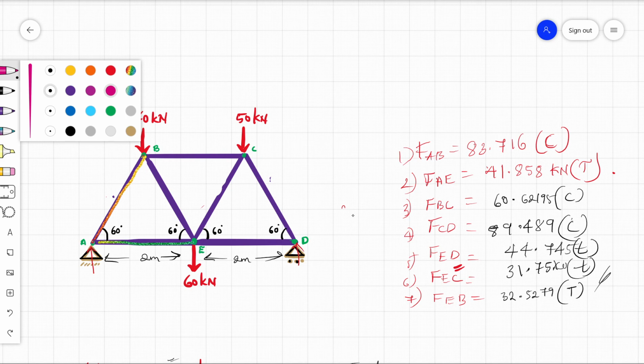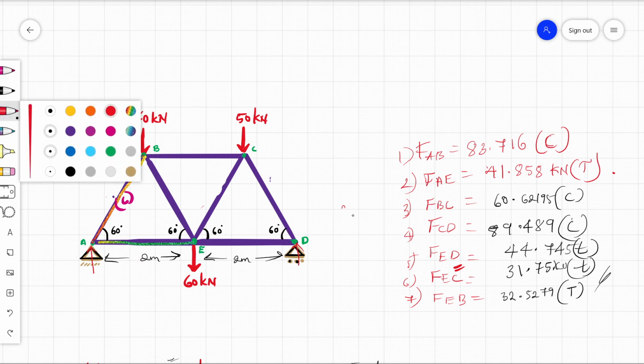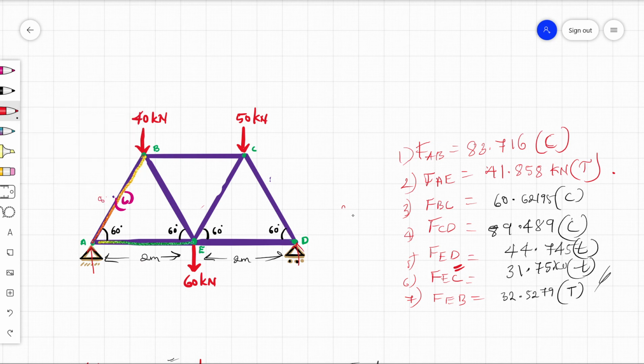So we got to know FAB is in compression. You have to write C, and the value of FAB is 83.716. And also remember, you have to give one more. This is the last thing.